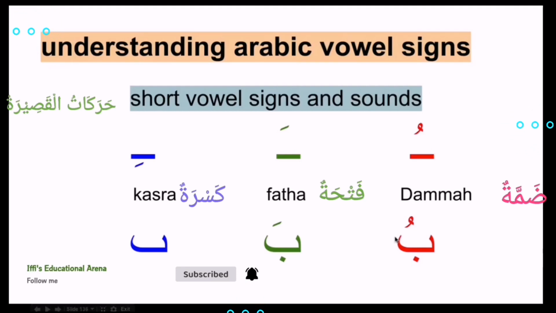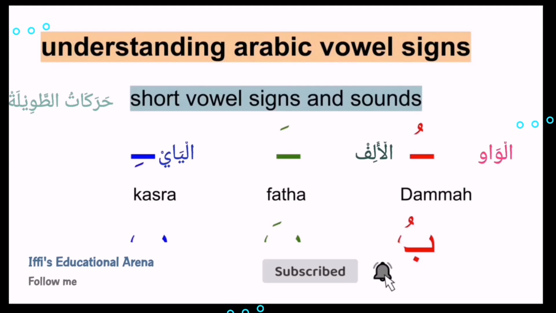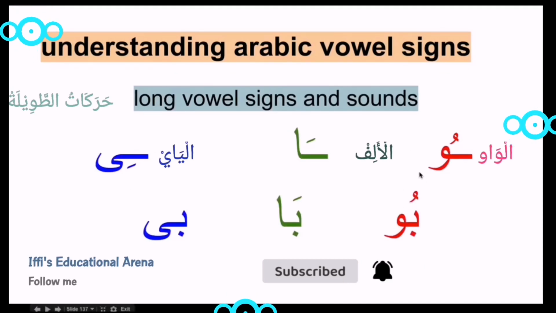We have something called a long vowel sign. A long vowel sign is made by attaching another letter to it to lengthen the sound of the vowel. For example, for the oo sound, we attach a wow, it becomes oo.